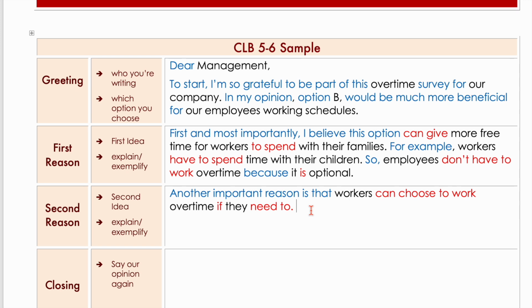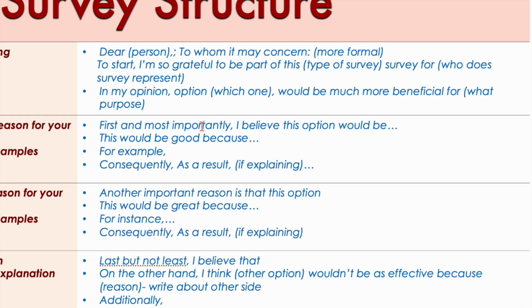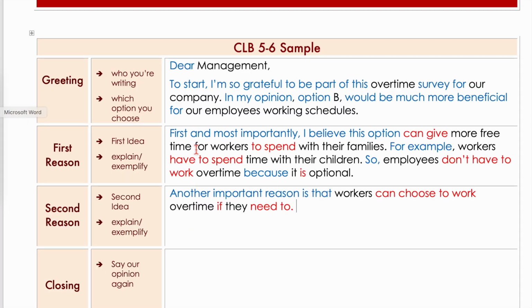So now maybe give an example. Let's try to give an example here. Always for level 5, 6, we should follow this pattern. Idea, example, explanation. That's what it says in our guide. Idea, example, explanation. Okay? Here it uses some stronger words, but that's okay. We don't need those. Okay?